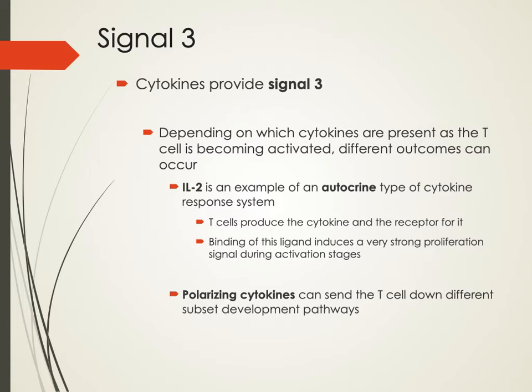Okay. We can also have polarizing cytokines that send the T cell down different subsets of developmental paths. Okay. So just keep in mind that we can have our own cytokines being produced, but we can also have these paracrine cytokines, and it's not that a cytokine's there and we get this response. It depends upon what cytokine is present that ends up giving us our different subset that arises.